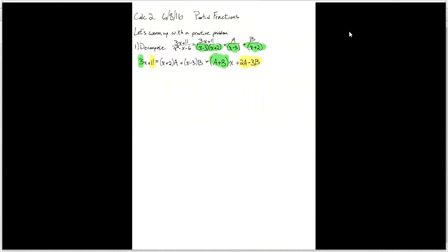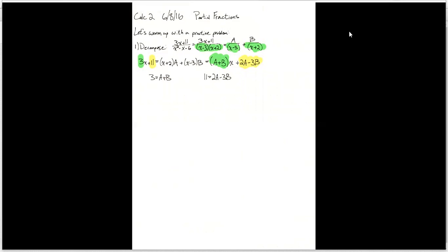So that gives us two equations. We have 3 equals A plus B, and we also have 11 equals 2A minus 3B. So these are our two equations, and we have two unknowns. So we can actually solve for A and B here.